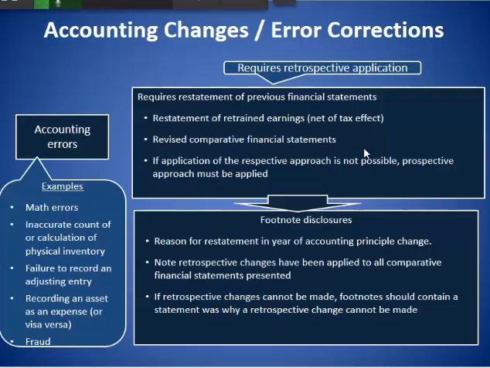Restatement basically requires the same adjustments as retrospective application of a new accounting principle, and that means the carrying amounts of assets, liabilities, and retained earnings at the beginning of the first period reported are adjusted for the cumulative effect of the error on the prior periods. Corrections of the prior period errors must not be included in net income.